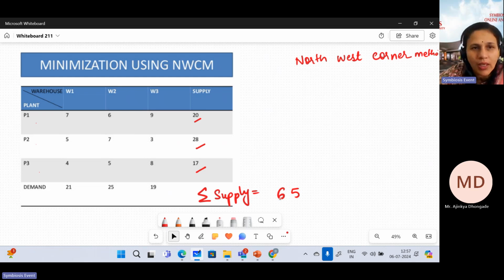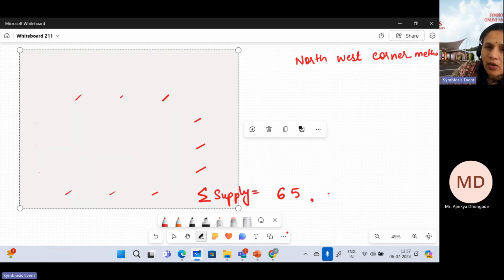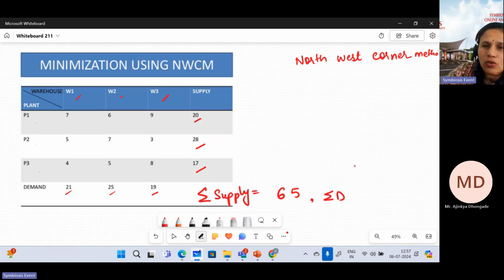In the same way, there are three warehouses, W1, W2 and W3, with corresponding demands of 21, 25 and 19. If I add all the demand figures, it is 21 plus 25 plus 19, which again gives us the value 65.